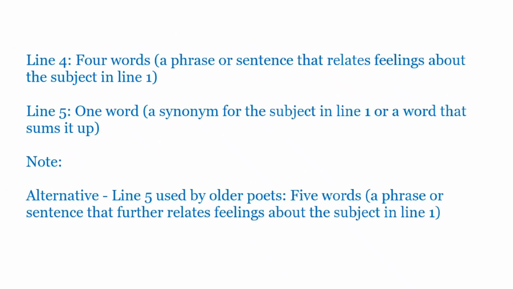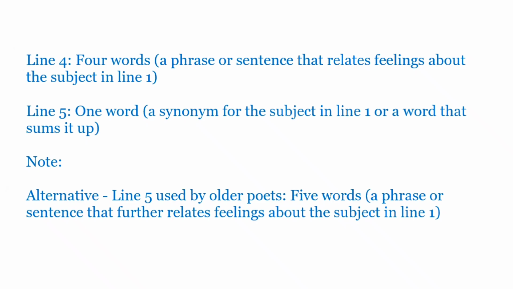Line 4. It is made up of 4 words. It could be a phrase or a sentence that relates feelings about the subject in line 1. Line 5 is composed of 1 word, a synonym for the subject in line 1, or a word that sums it up.